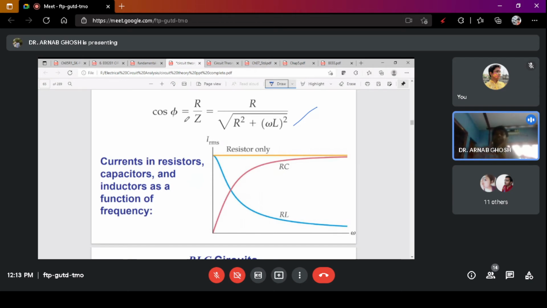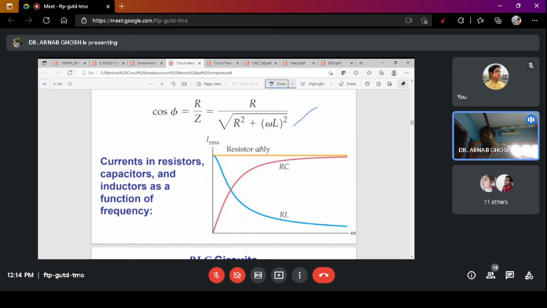Okay, and if you just plot the currents with respect to the angular frequency, you see for a resistive circuit, the current remains constant. For the RC circuit, the current increases with increase in the angular frequency, because Imax across the capacitance is equal to omega C into Vmax.